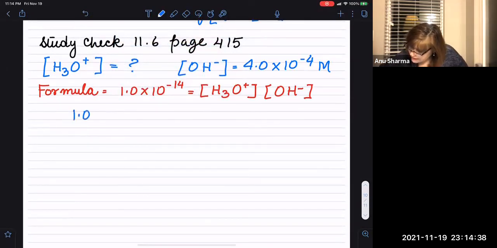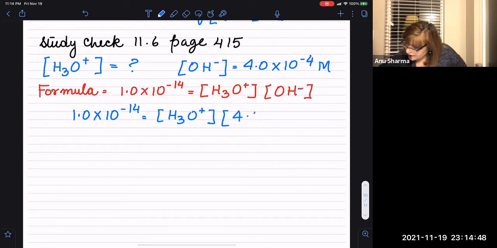Write down first what is given to you. We need to find the hydronium ion concentration, and we are given the OH ions, which is 4.0 times 10 to the power negative 4 M.